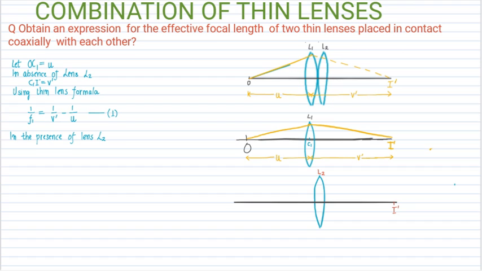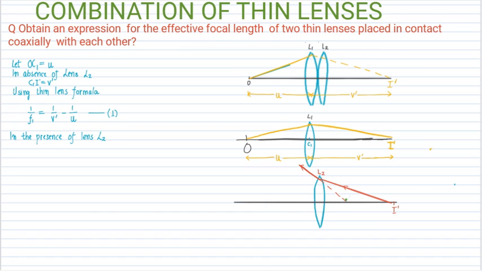So for your lens L2, this is your virtual object. Now let us consider a light which starts to move from I dash. It strikes the lens L2, and after refraction, it diverges, but it appears to diverge from this point.